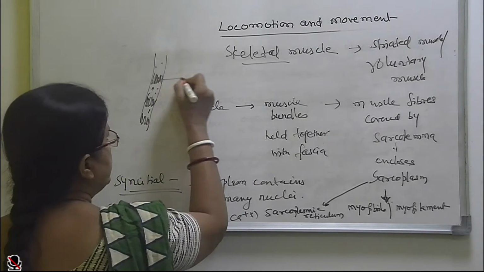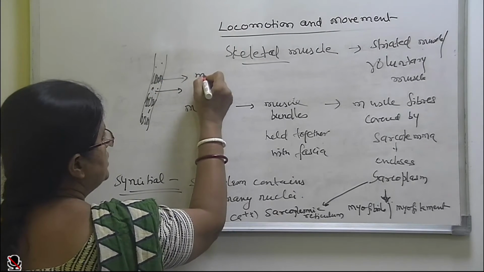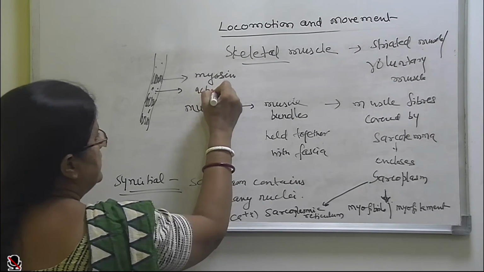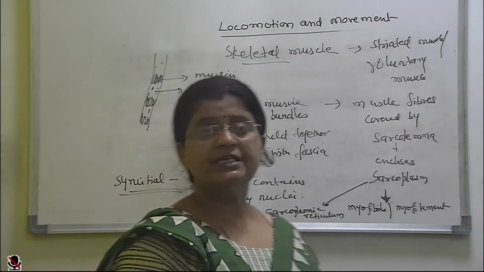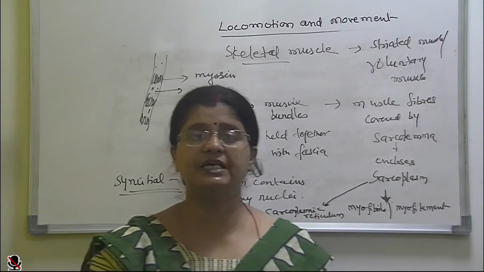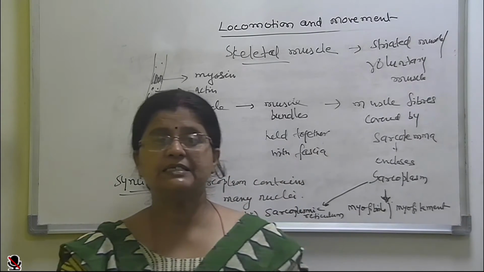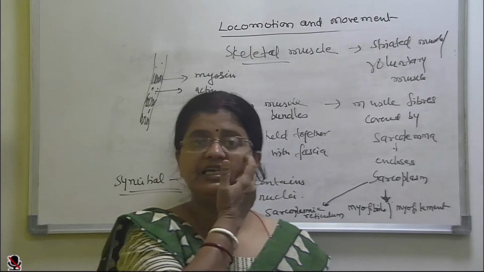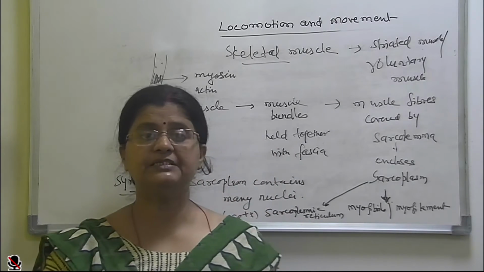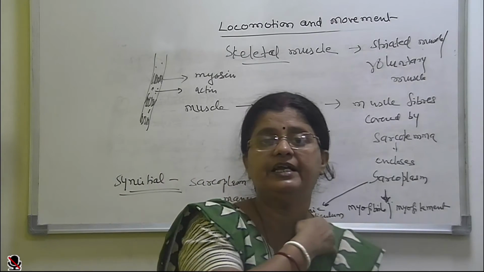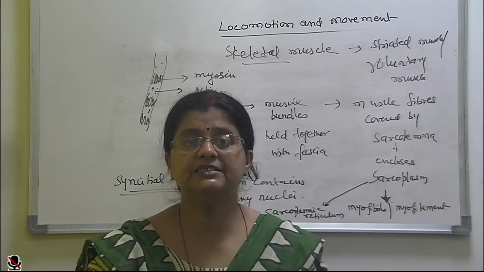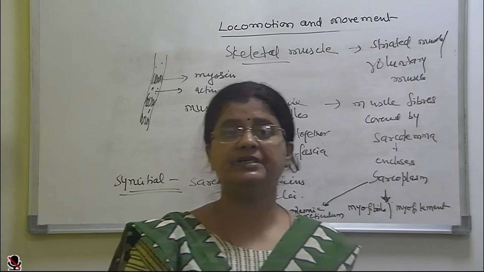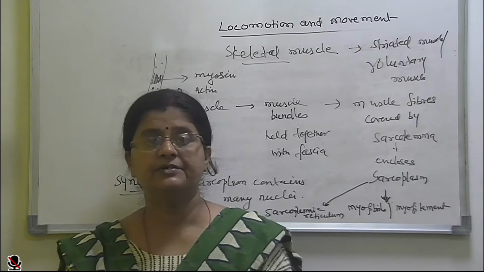Now this stria is because of two types of protein that it contains, the actin protein and myosin protein, and the alternate dark and light bands give this striated appearance, right?